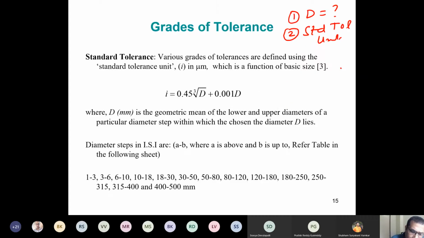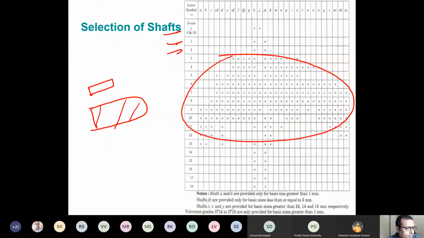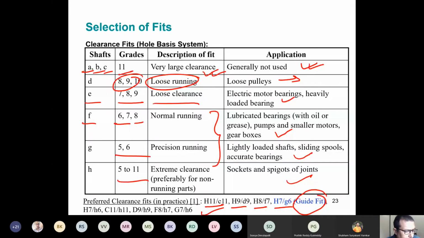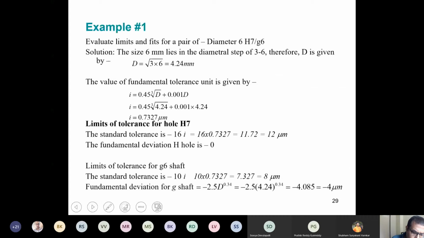So let's go ahead and do this. So I have 6 millimeter, G7H6.